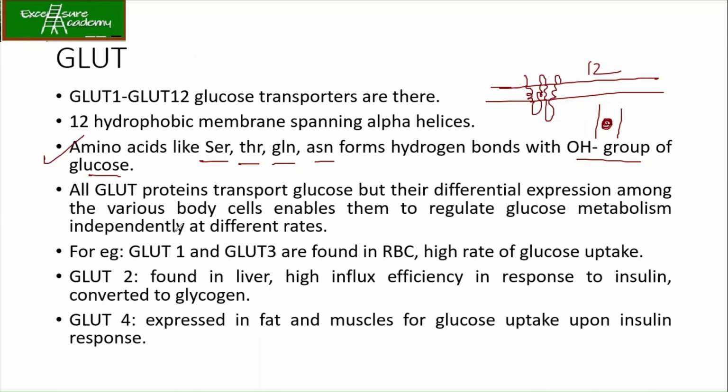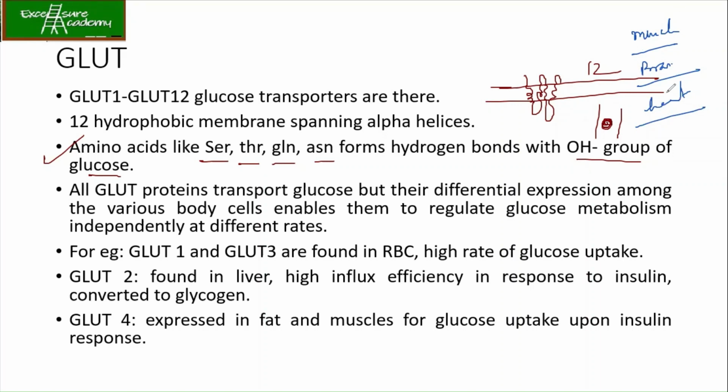Now, all GLUT proteins transport glucose, but their differential expression among the various body cells enables them to regulate glucose metabolism independently at different rates. So what does it mean? See, the requirement of glucose in a muscle cell is different compared to brain cells, heart cells, and other body parts, right?